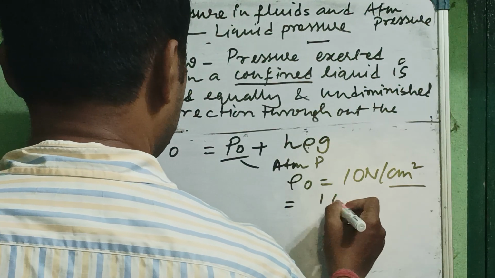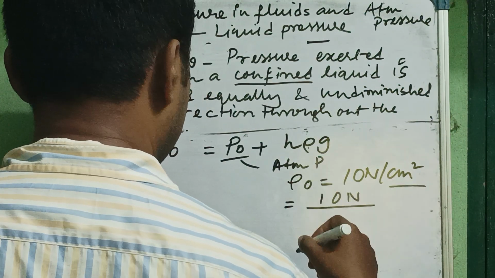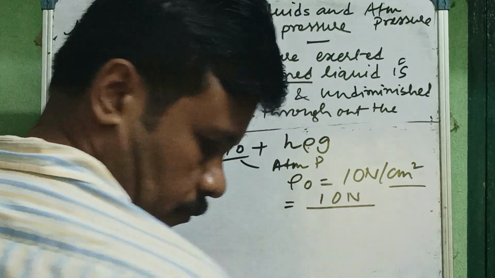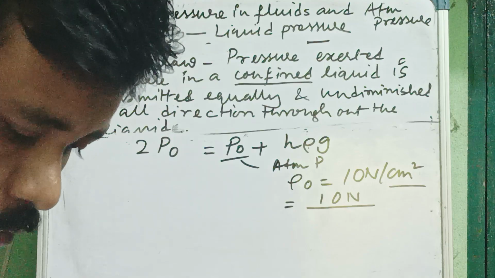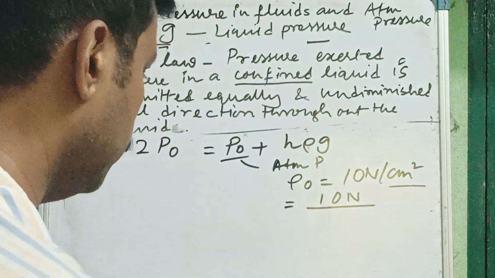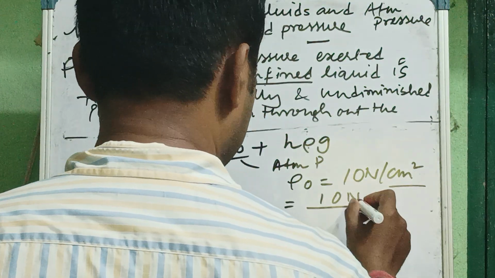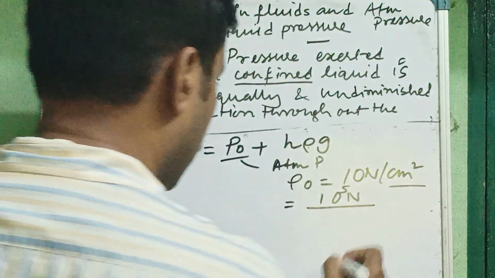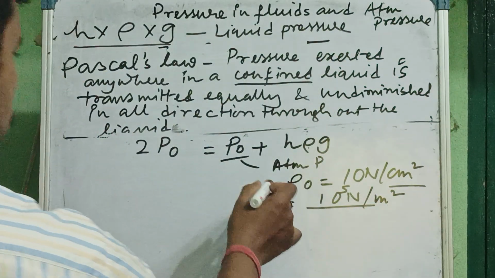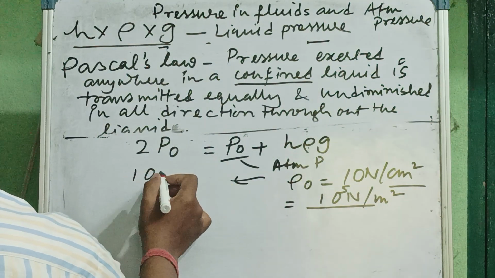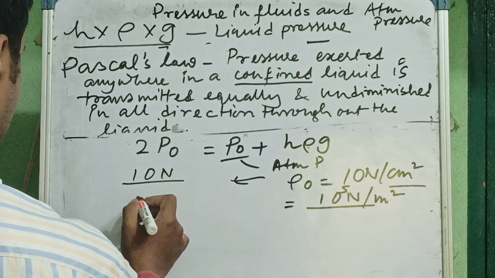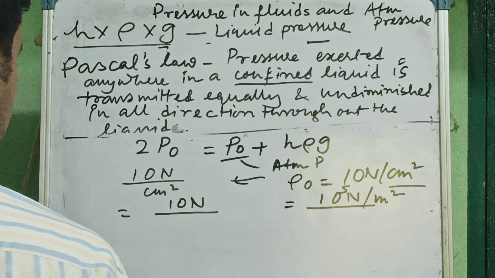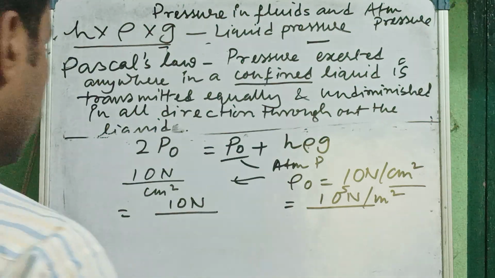So 10 Newton divided by 1 centimeter square, you get 10 to the power 5 Newton per meter square. How do we do this calculation? 10 Newton by centimeter square, 1 centimeter to meter is divided by 100.